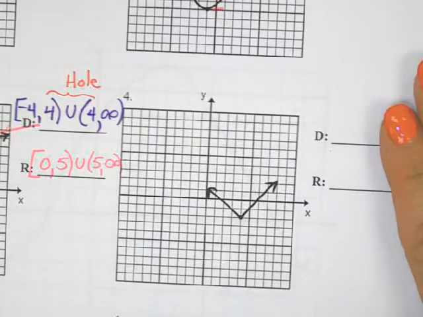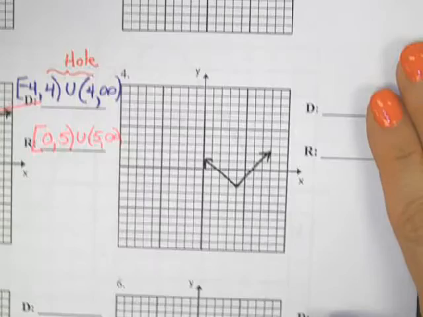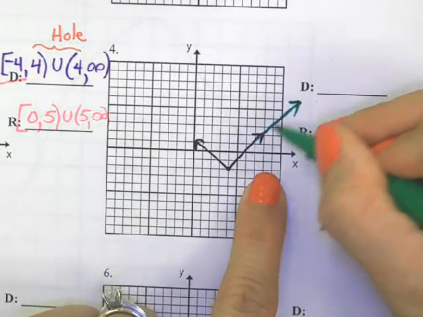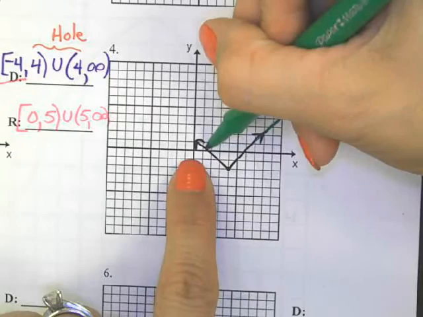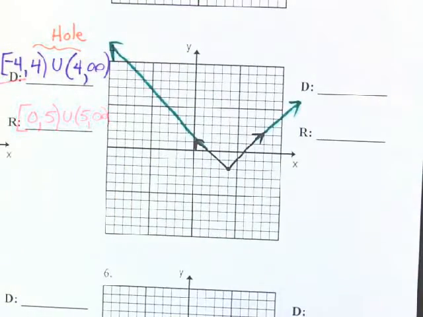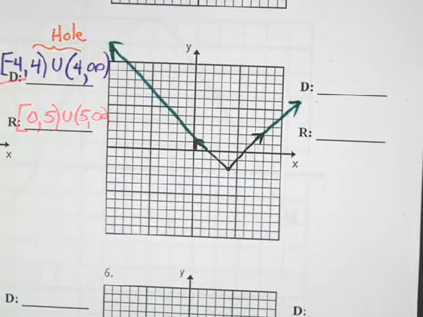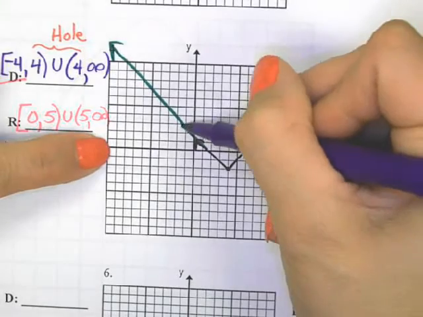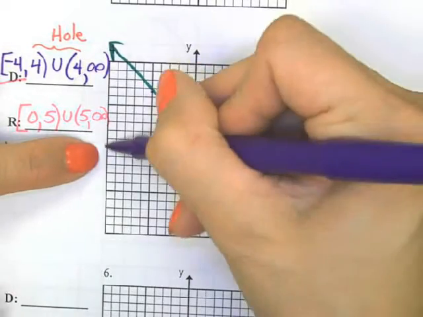Okay, I am definitely going to exaggerate and extend this graph a little bit here because I want to make sure I understand it's going forever that way, it's going forever that way, just to see the x values a little clearer. So the smallest x value, is it -2? Is it -5? -10?